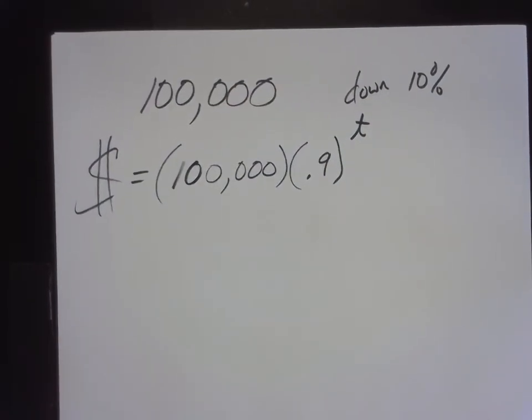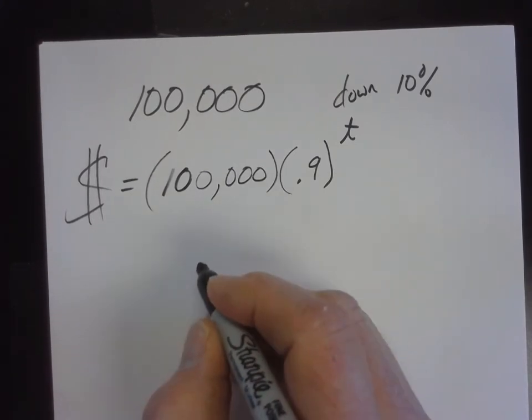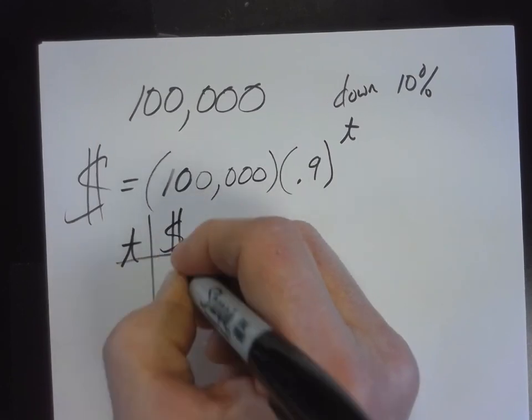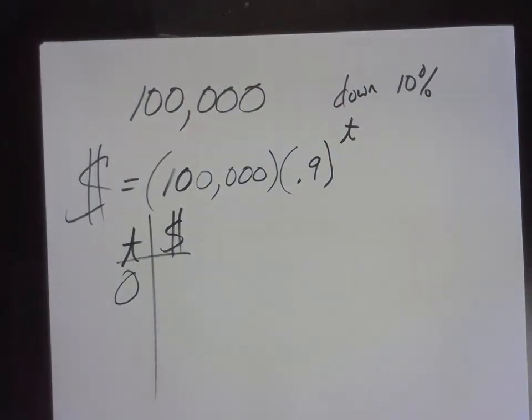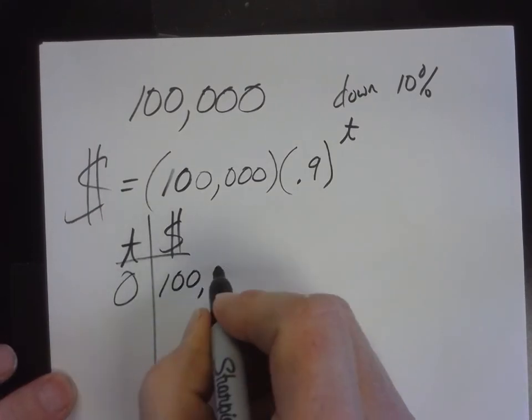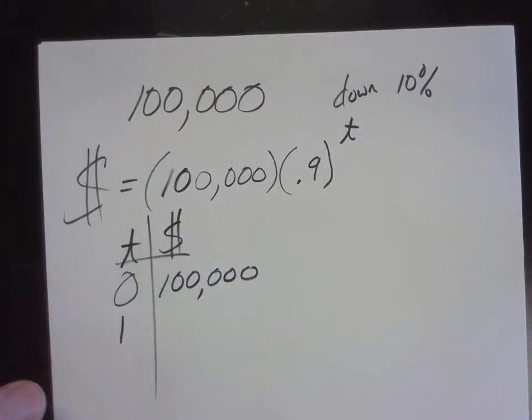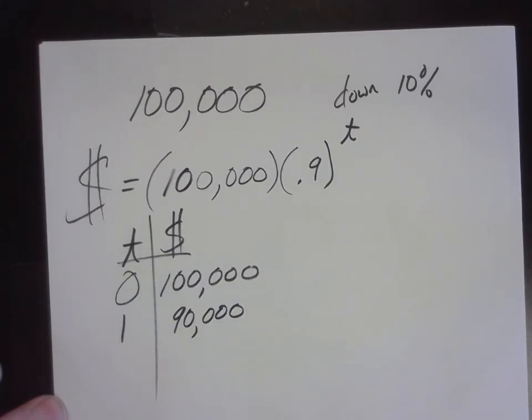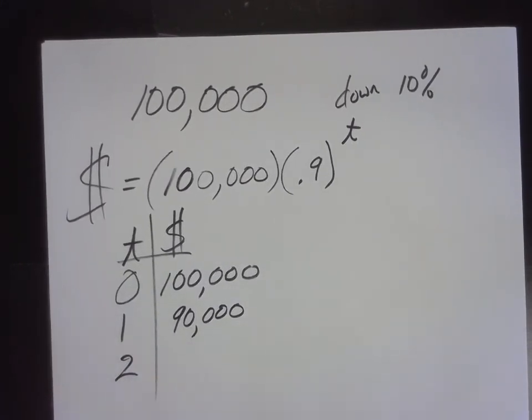Okay, and so as we look at the value of our car, here we have time, and here we have the value of the car. At time 0, what's our car worth? $100,000. After 1 year, $90,000. That was easy. Okay. After 2 years, I think it's going to be $81,000.